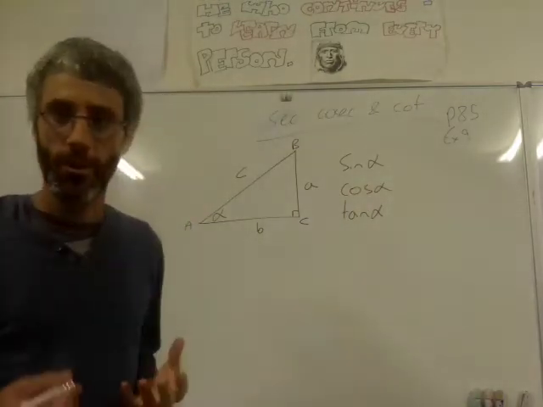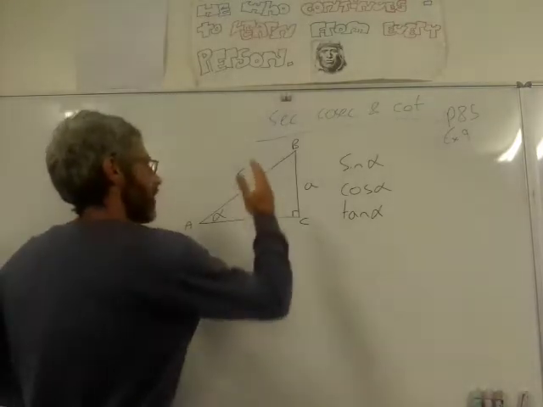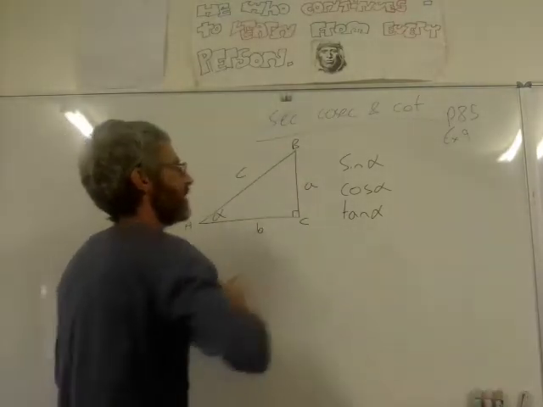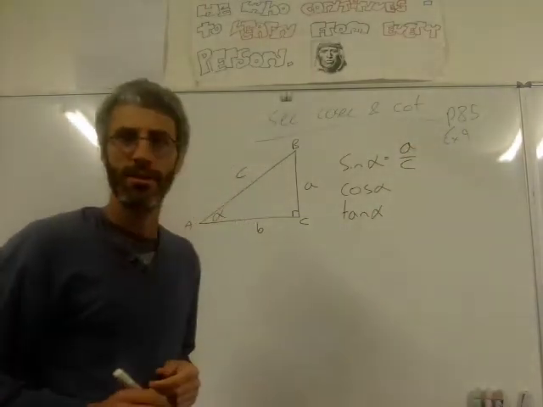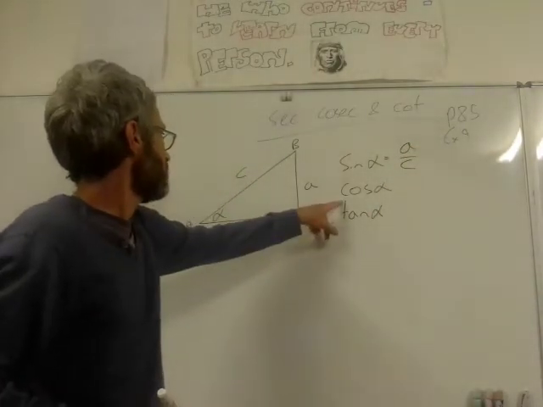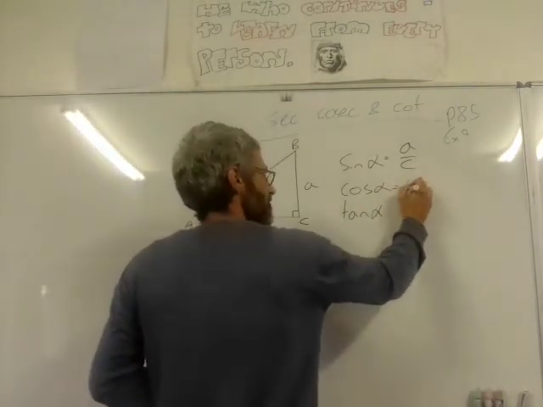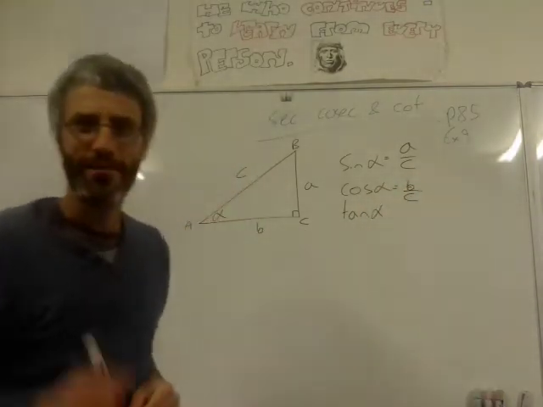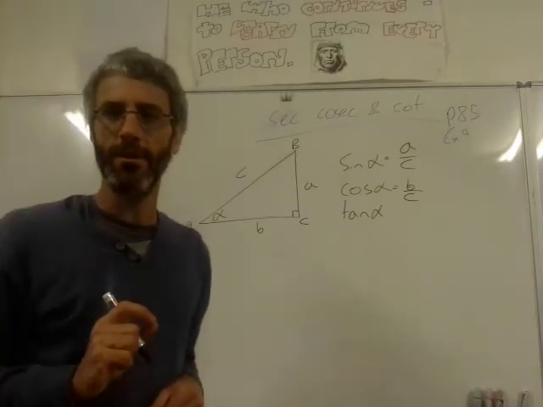Let's try and remember what sine alpha is. Sine alpha is opposite divided by hypotenuse. So in this case, it's A over C. Okay? Cosine is the adjacent over hypotenuse. In this case, B over C. Okay? Very important that you by now should really remember it by heart.